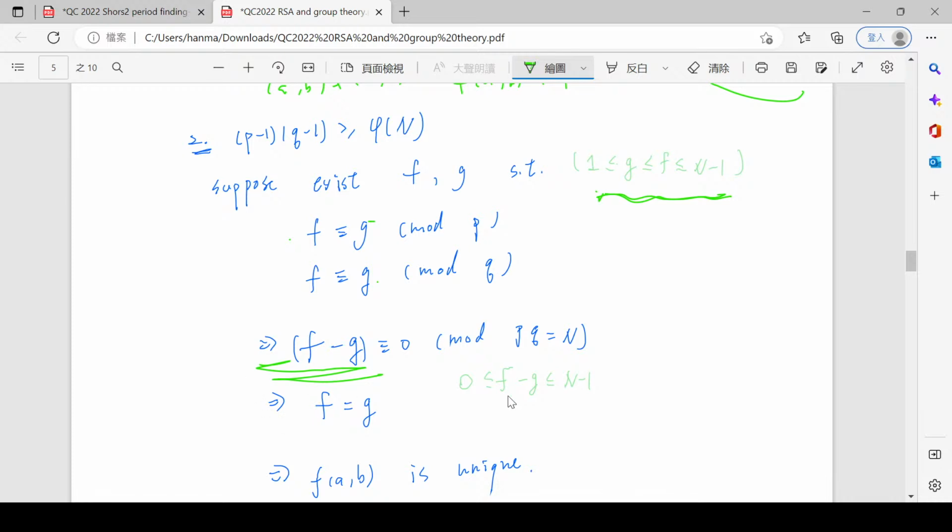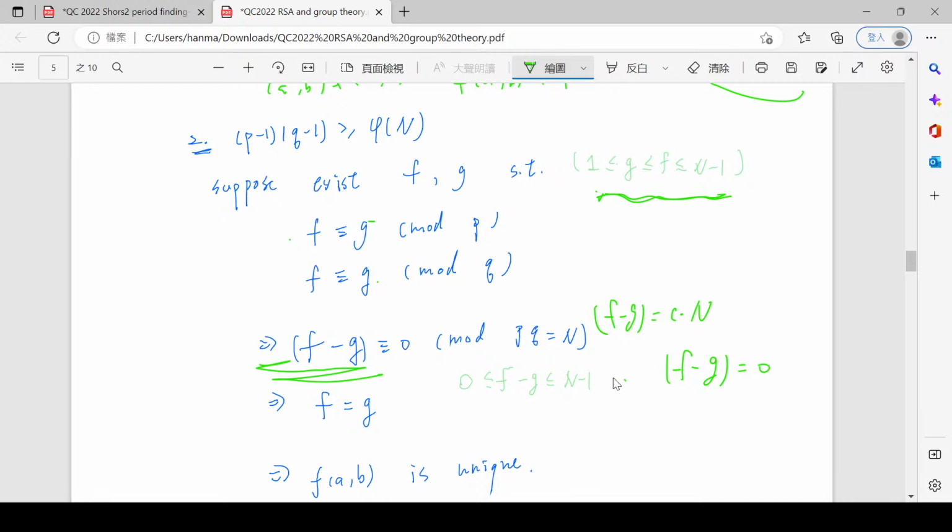Okay? So let's write this down a little slower. f minus g mod n equal to 0, so that means f minus g equals some number times n.